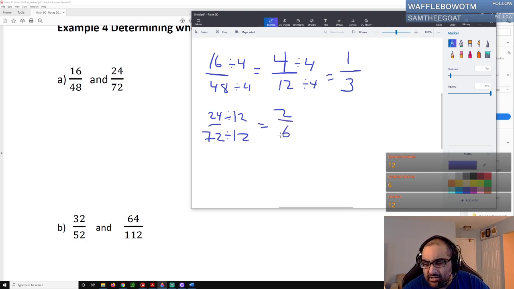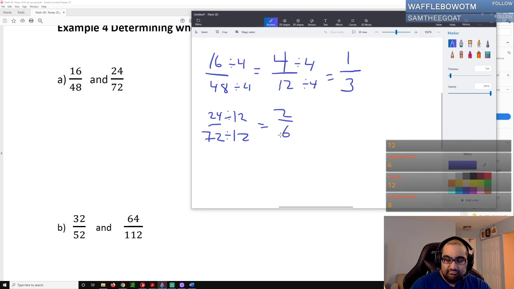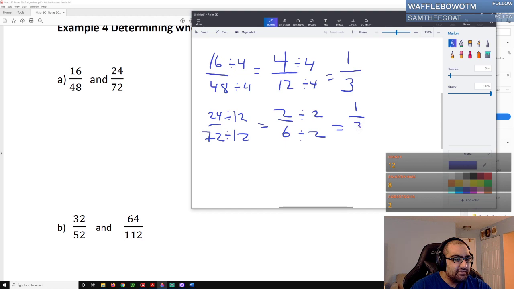Can we divide by anything else now? Divide by 2. 2 divided by 2 is 1. 6 divided by 2 is 3. There we go, we got 1/3. So both of these are the same. It checks out. They are equal to each other.